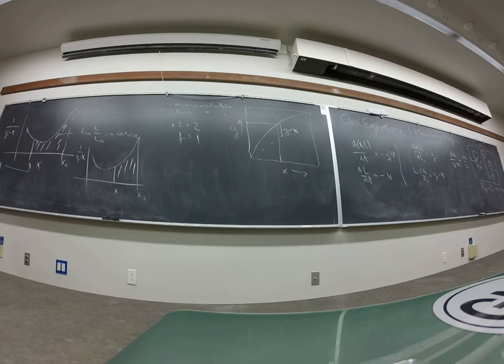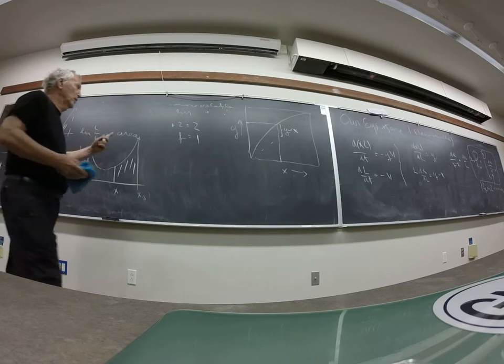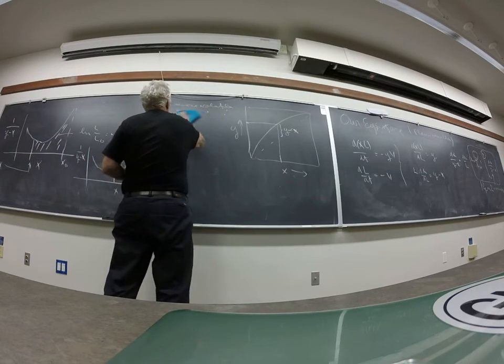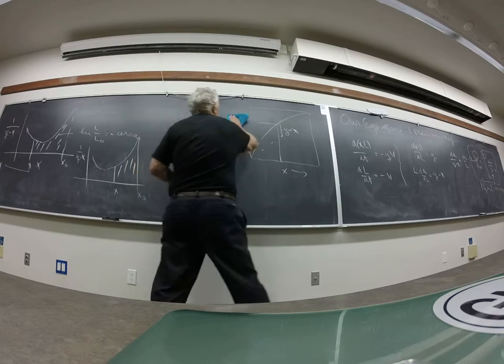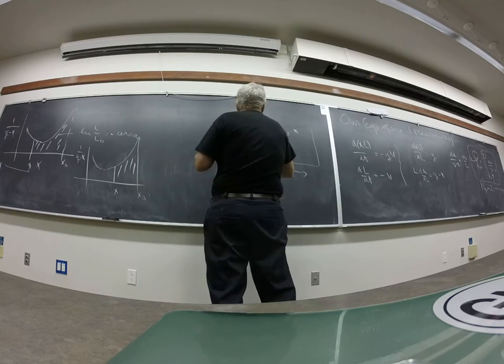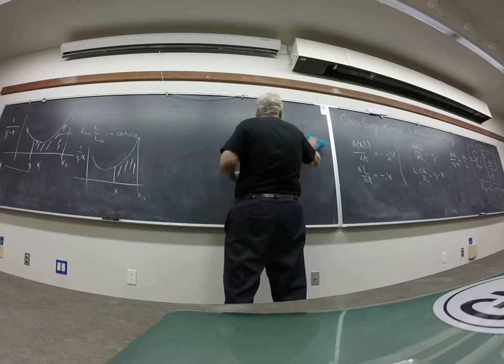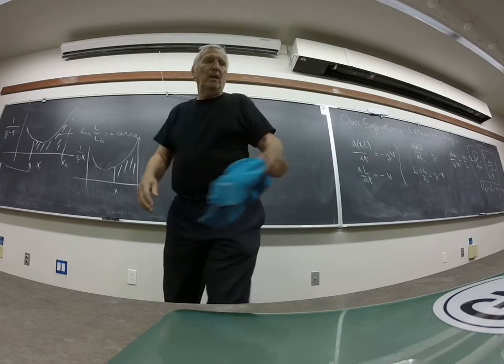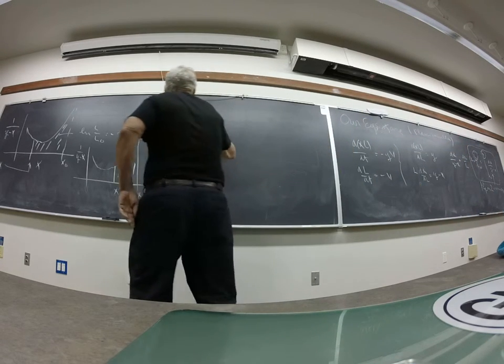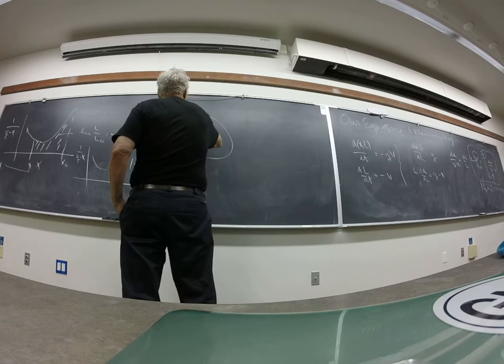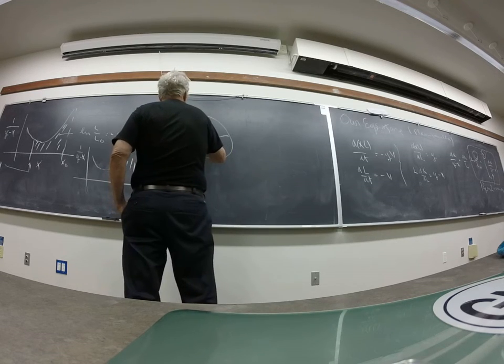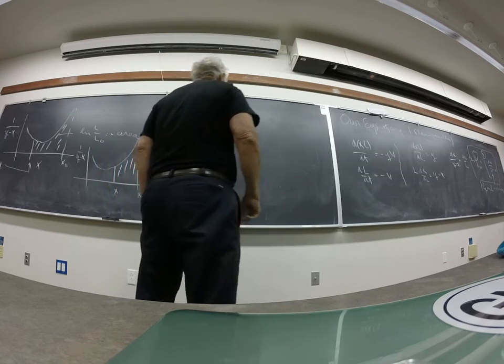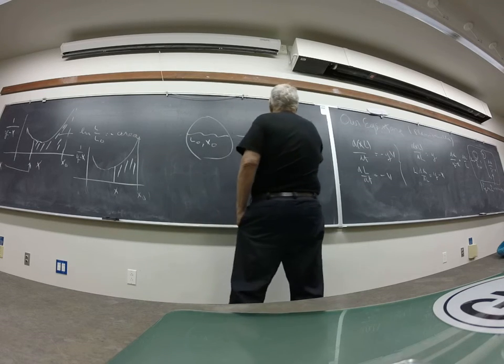Question is then, what kinds of problems can I solve? So let's list some problems we can solve. Now, you've got to understand that the way this goes is, I start here with some L0 and some X0. I run for a while.